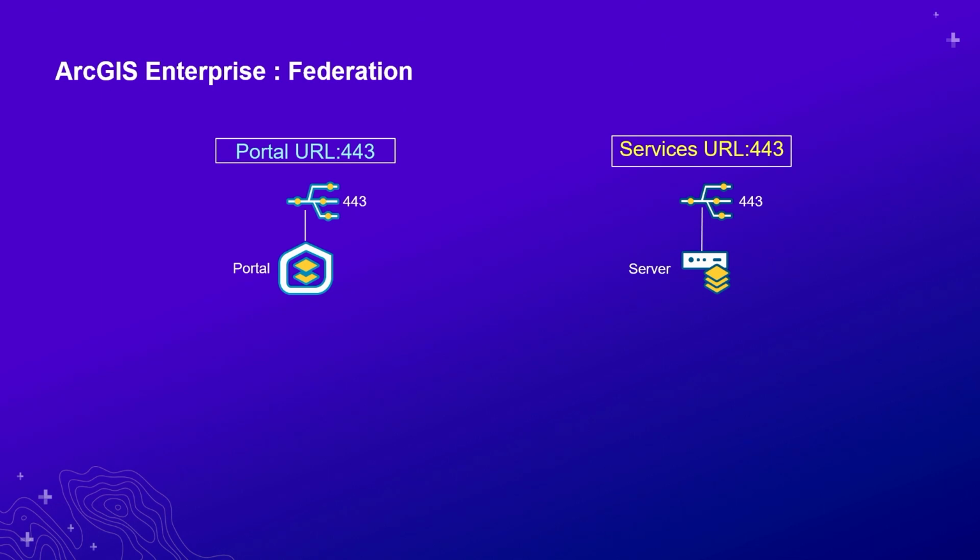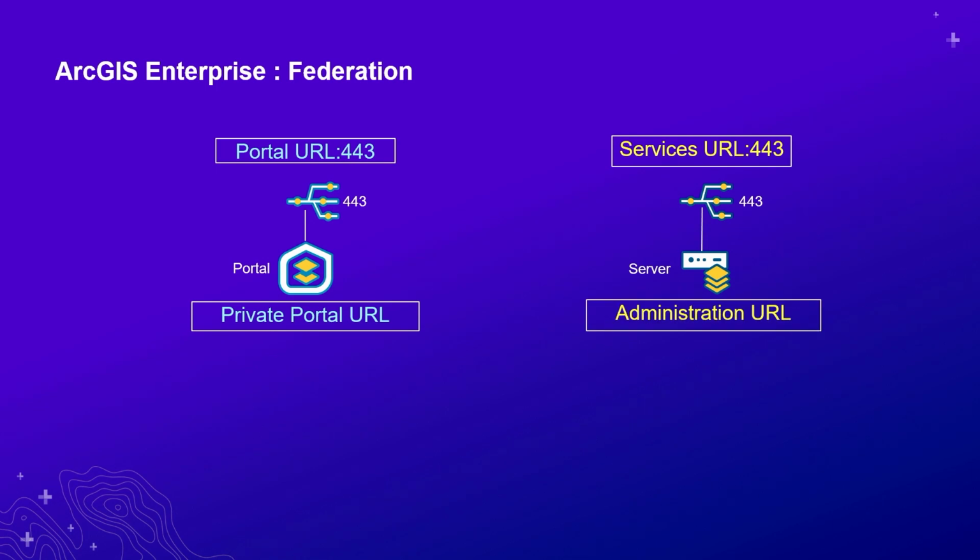What you also have is this administrative communication. So through the private portal URL, this is the URL that server will use to talk to the portal. And then you have some traffic from portal to server. This is involved in any publishing operations and anything where portal needs to talk to the server through some administrative operations.